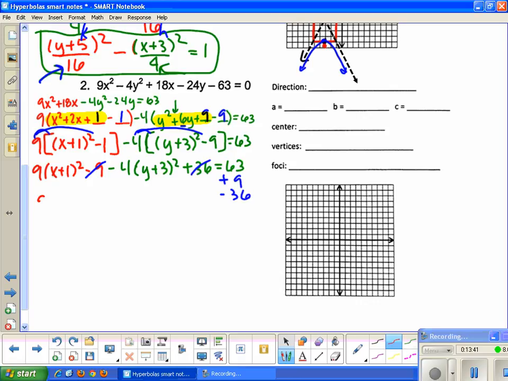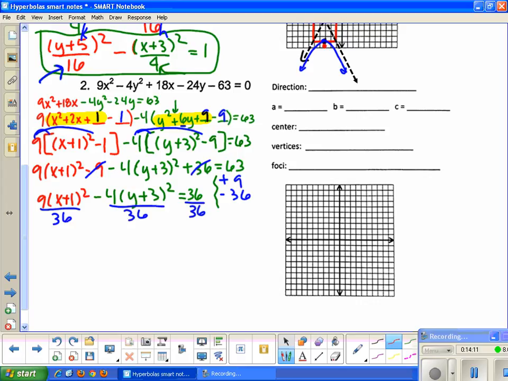And so here I have 9 times x plus 1 squared, and then this side is -4 times y plus 3 squared equals 63 plus 9 minus 36 gives us 36. And then now I want to divide everything by 36, because remember that number there has to be 1.